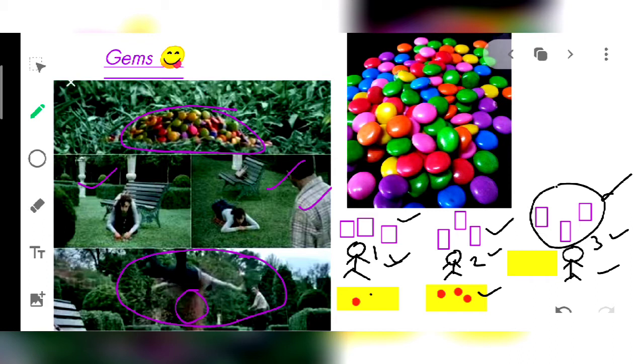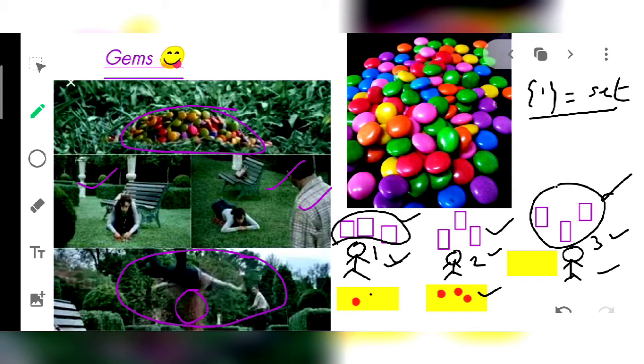Now the person who finds one red colored Gems candy from the set of 3 Gems packets has 1 element from the set of Gems packets. He can say that this set is called a singleton set.